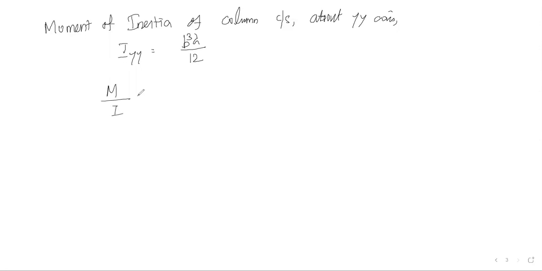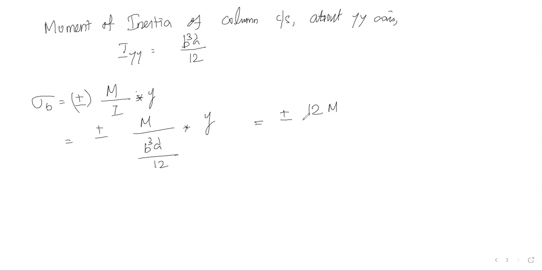So sigma b is equal to M by I into y, plus or minus, and here we substitute the I value. With I equal to b cube d by 12, the equation changes to 12M divided by b cube d into y.